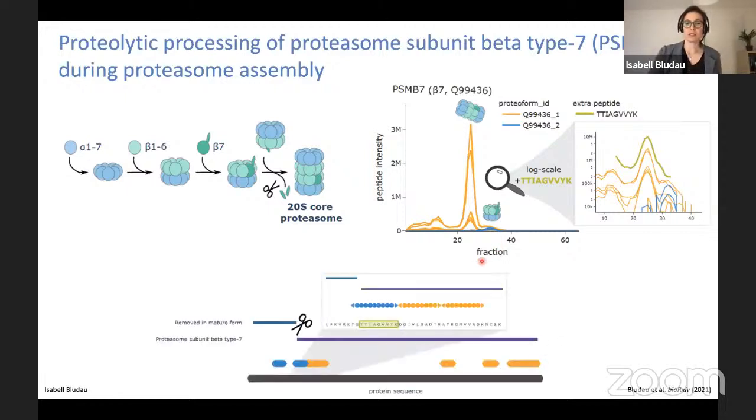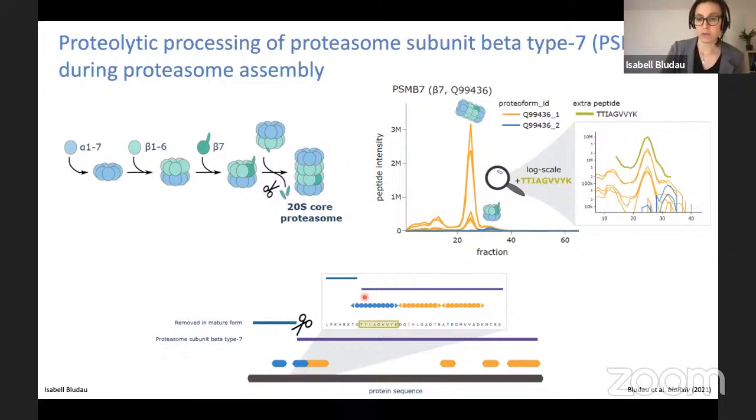When we looked at the peptide location on the protein sequence, we could see that the two blue peptides mapped to the N-terminal region, and the second blue peptide was spanning the known proteolytic cleavage site where the beta subunit's propeptide is cleaved off for the assembly to take place.